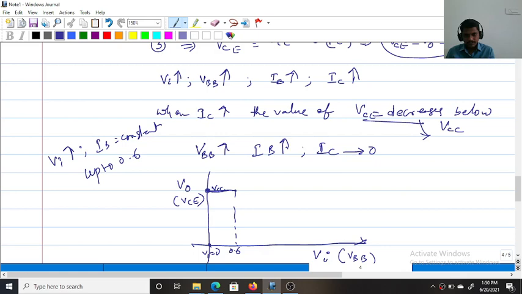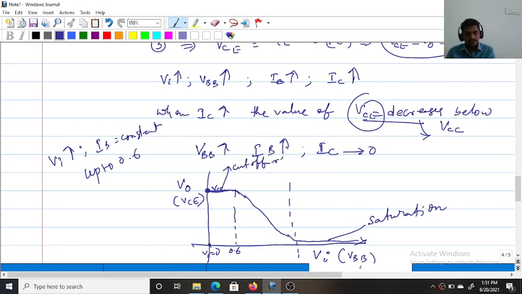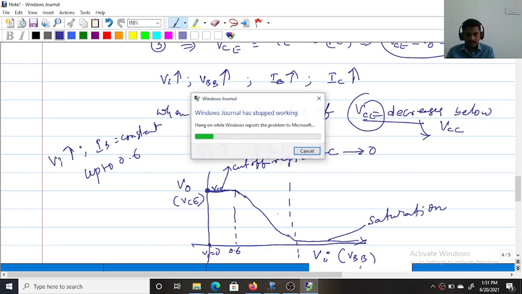If the input voltage is increased beyond 0.6 volts, the output voltage starts decreasing. When the output voltage is very low, it reaches a saturation value. When all the electrons are collected, there is no change in the output voltage. Now it is said to be in the saturation region.